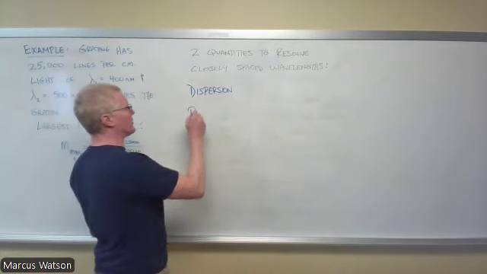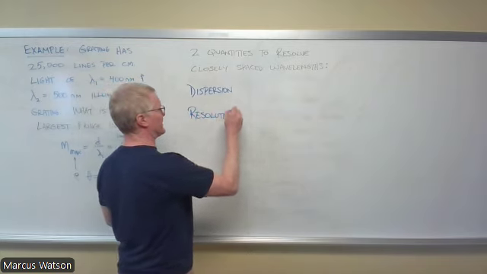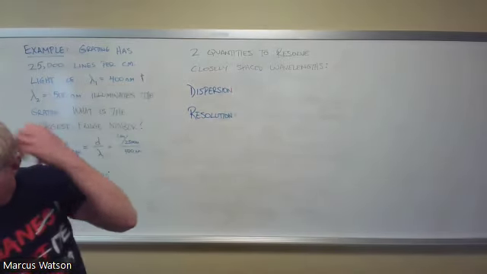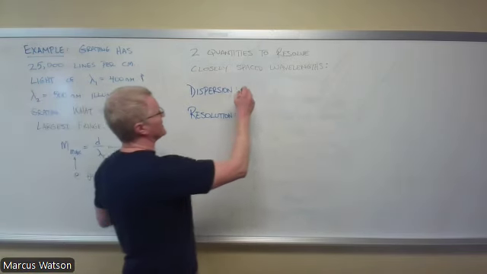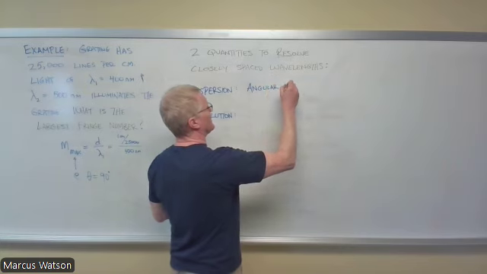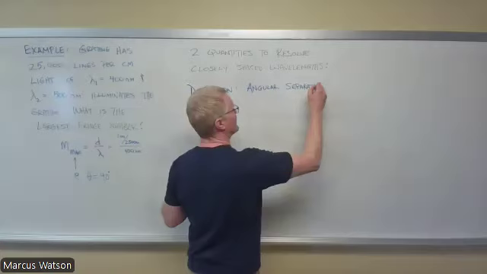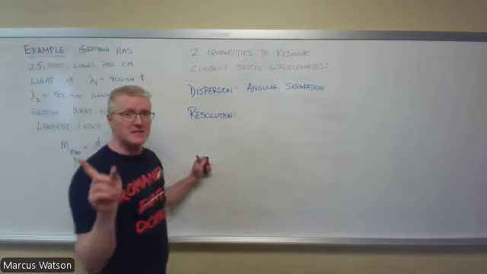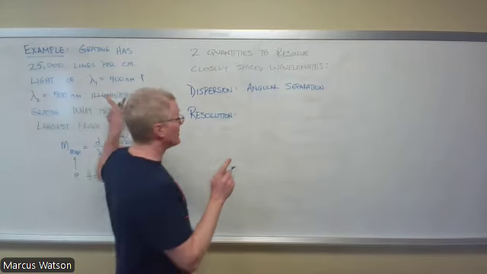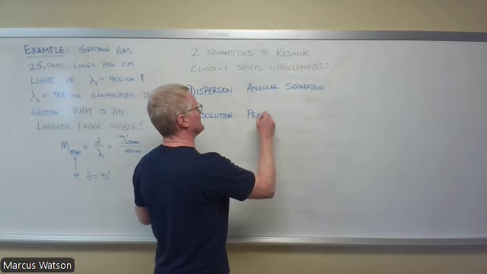And we also have something called the resolution, which is the ability of the thing to distinguish between the two. Okay, so I would say that this has to do with angular separation, in the same sense that that's what we were just doing with this example here. And the resolution is the sharpness of the peaks.